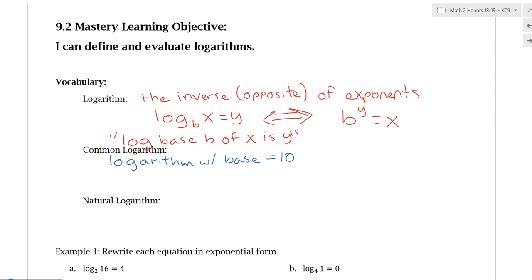Because our counting system is in base 10. And so if I ever have log base 10 of x equals y, we really just write it as log of x. Okay? So when there's no base, the base is 10.